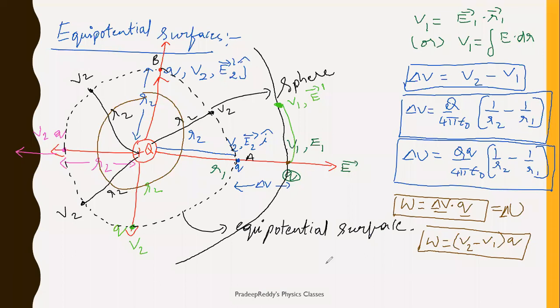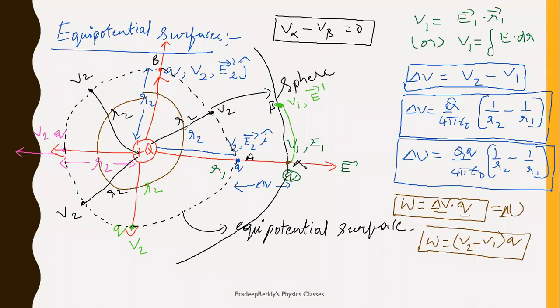Now let me name this point alpha and this point beta. Now V alpha minus V beta is equal to 0. Is it not? Is there any change in the potentials? At alpha it is the same potential V1.